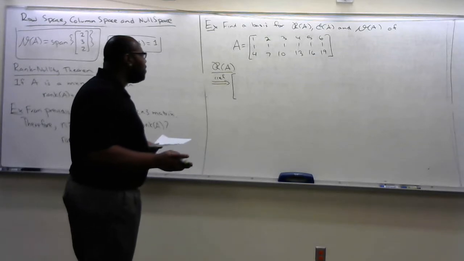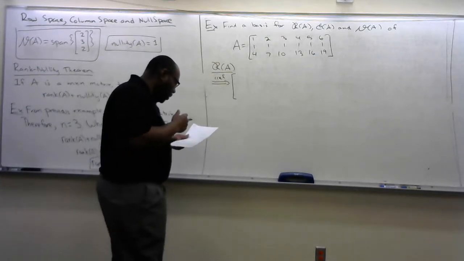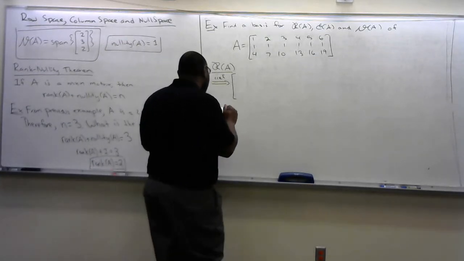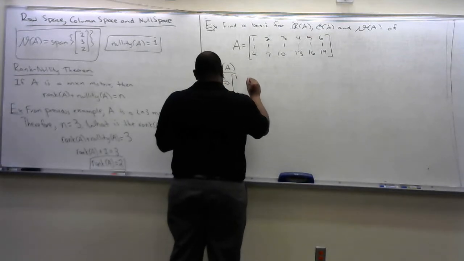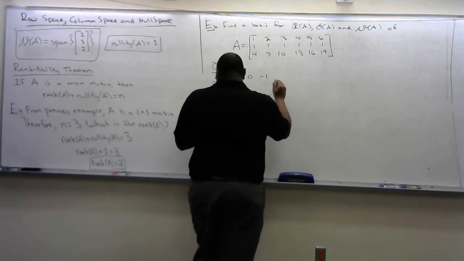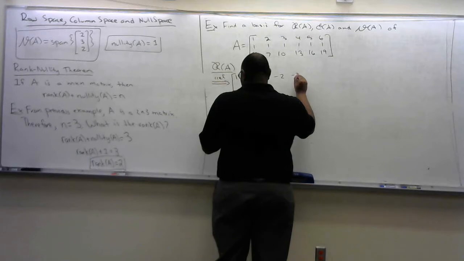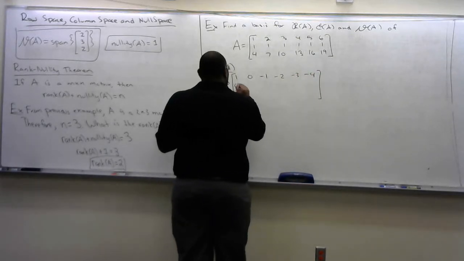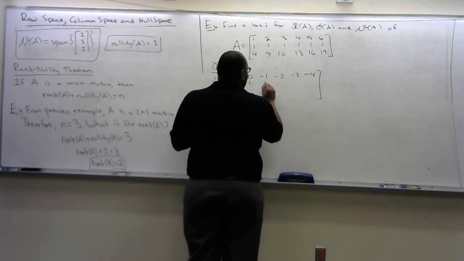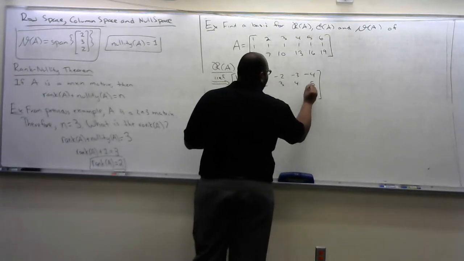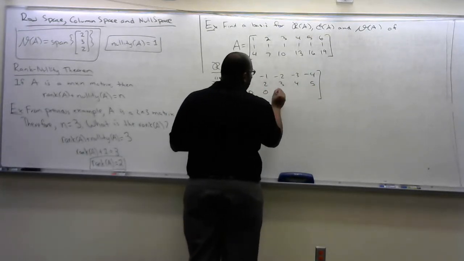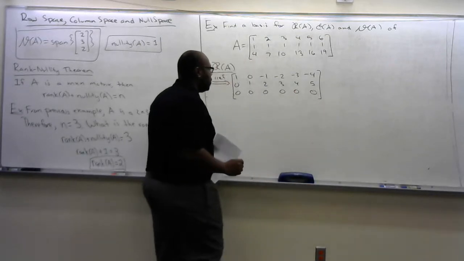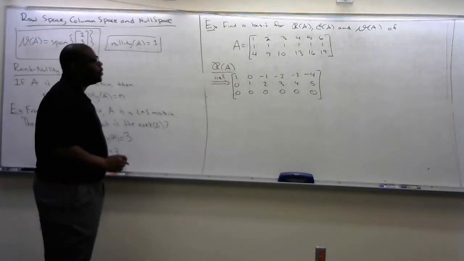The reduced row echelon form of A is going to be, if you work it out, if I did it correctly, 1, 0, negative 1, negative 2, negative 3, negative 4. Then I have 0, 1, 2, 3, 4, 5, and then I have all zeros.